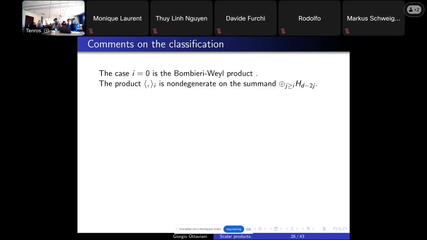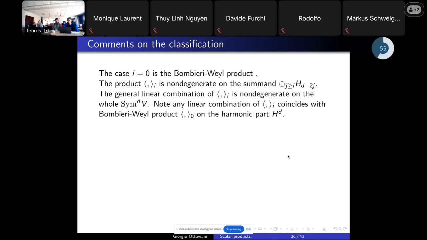Let's make some comments. This Bombieri-Weil is non-degenerate, but the product where you first apply the Laplacian and then Bombieri-Weil is non-degenerate only on a sum, which is given by a piece of the filtration. That's interesting. But the general linear combination is non-degenerate.